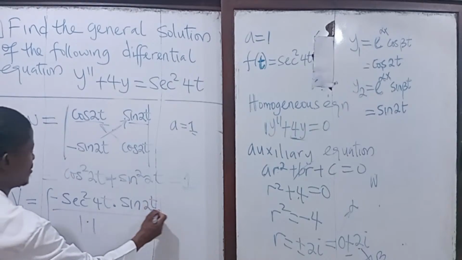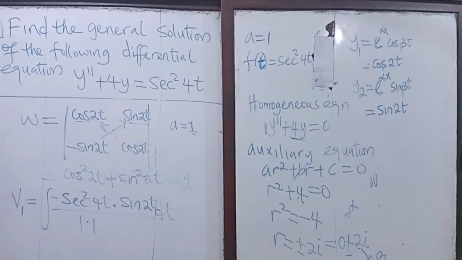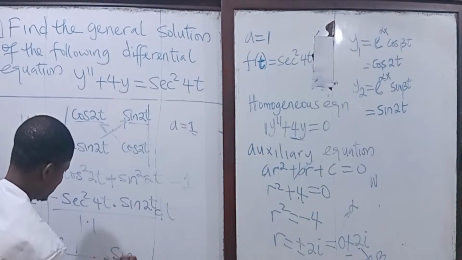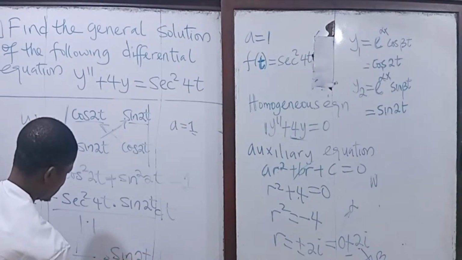Don't forget it's a function of t. We take the minus outside. Sec is 1 over cos, so it's cos square 2t, times sine 2t dt.